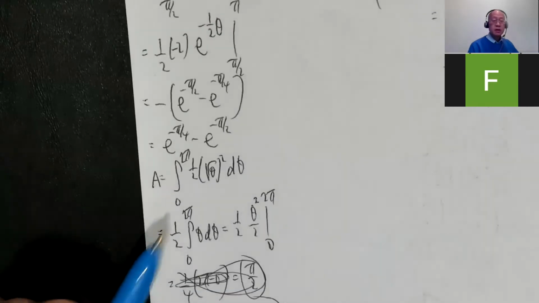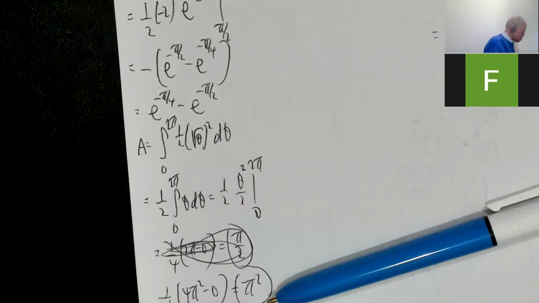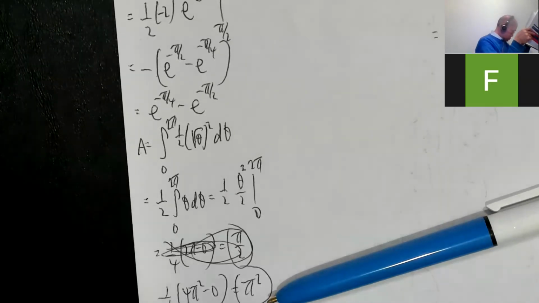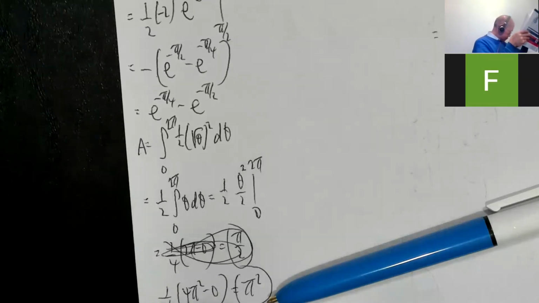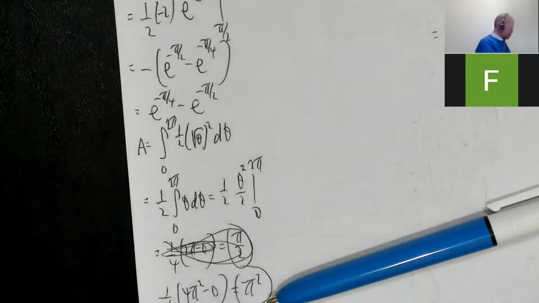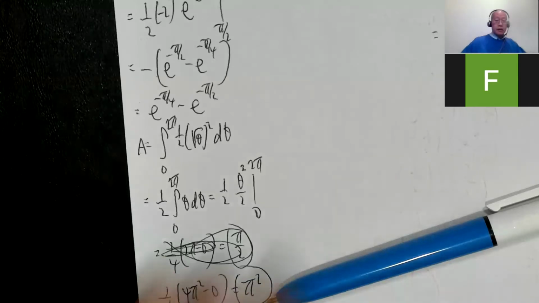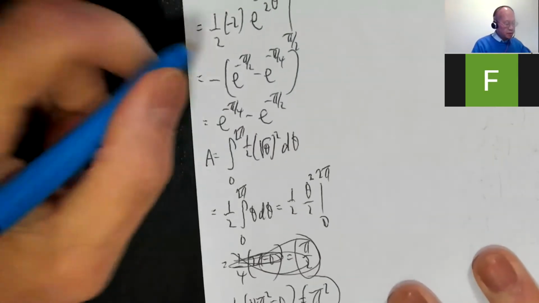Okay, then the next one. I didn't even label the number for that one, from 0 to 2 pi. So I should have labeled it. Let me call this 3 star.